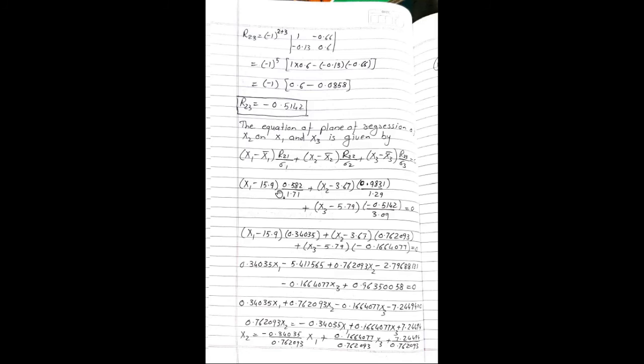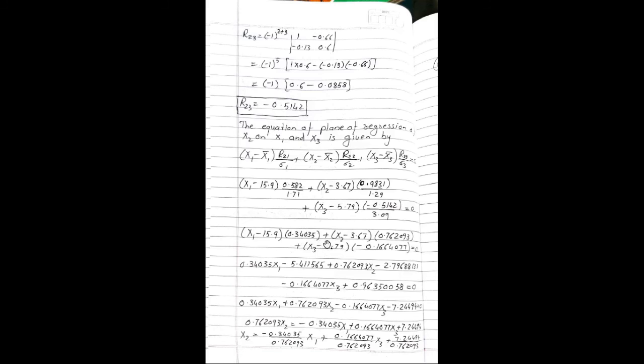X1 minus 15.9 into 0.582 divided by 1.71 plus x2 minus 3.67 into 0.9831 divided by 1.29 plus x3 minus 5.79 into minus 0.5142 divided by 3.09 is equal to 0. So first of all, we will divide the terms and find the constant values.